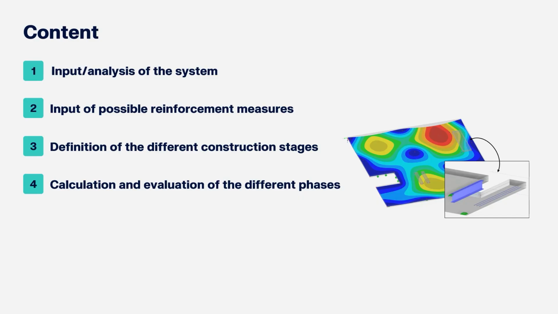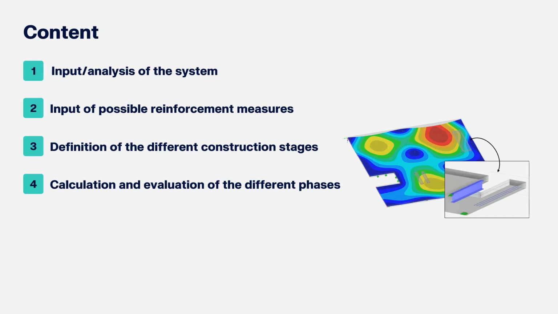We want to discuss maybe four topics today. At first, the input and the analysis of the system are prepared here a little bit for you. The second thing is the input of possible reinforcement, the input of additional members, and so on.